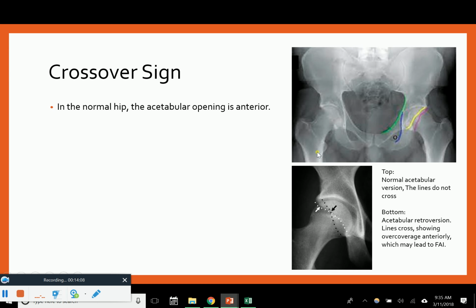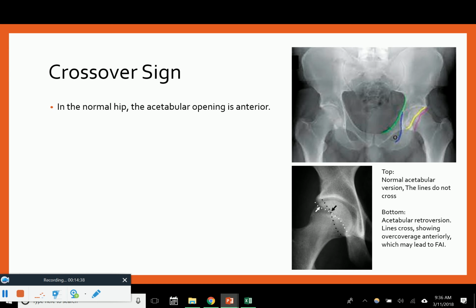So let's get into this. A crossover sign is when you notice on an x-ray that the anterior line crosses the posterior line, and this is looking at the rims of the acetabulum. The black line would indicate the anterior acetabular rim, and the white line indicates the posterior acetabular rim.